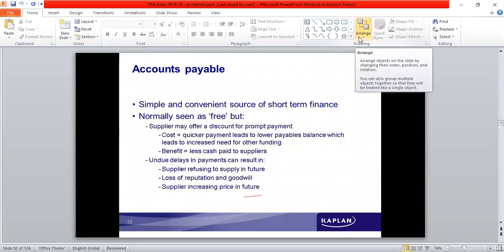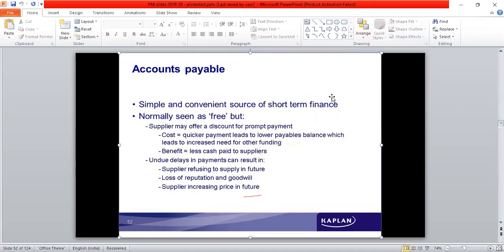The next one is accounts payable. What is accounts payable? When material is purchased, the supplier is extending a credit facility.